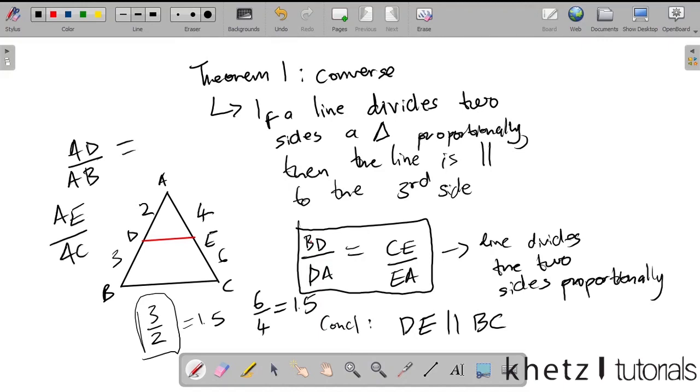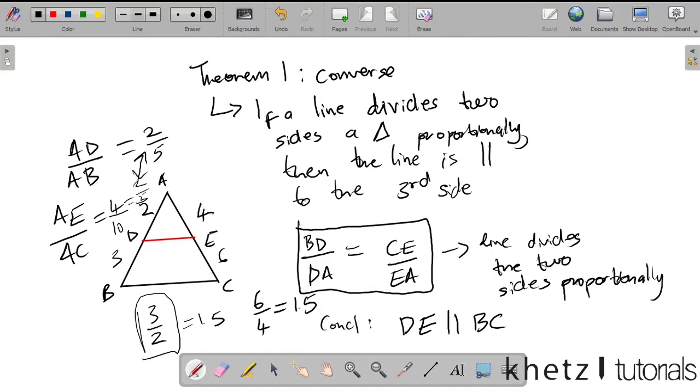AD is 2 and AB is 5 if you add 2 and 3, so that's 2 over 5. On this side, AE is 4 and AC is 6 plus 4, which is 10. You divide the top and the bottom by 2, and the result is 2 over 5, which is the same as that.